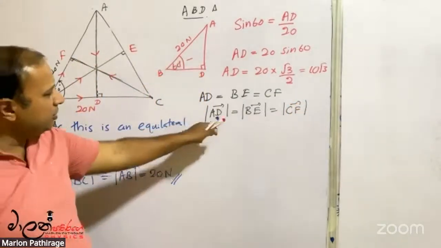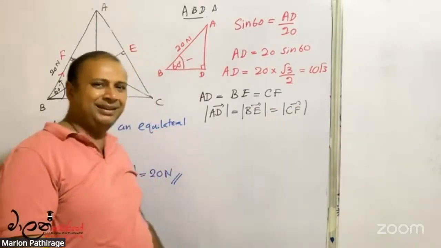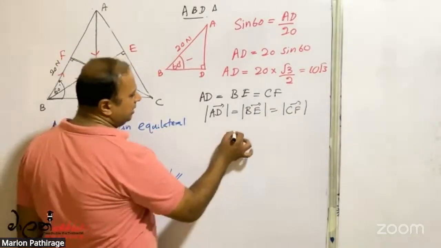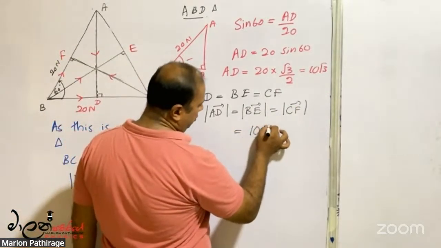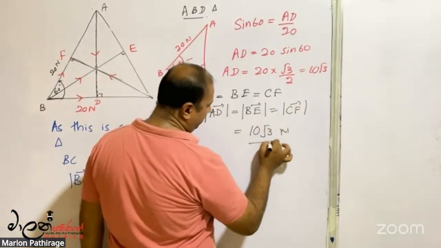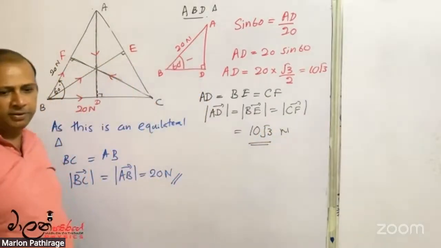And you know the magnitude of AD vector is 10 root 3, therefore that is equal to 10 root 3 Newton.